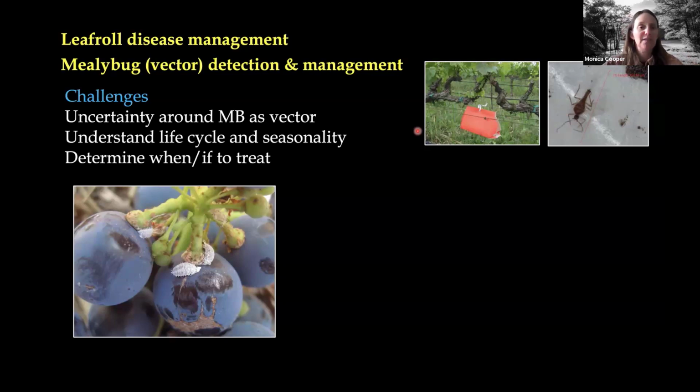Well, people couldn't see nematodes either, but they were still convinced that that was what was moving them around. So we did some work, and mainly the pheromone traps were what was most important in reducing uncertainty. And then, as I said, we need to understand the life cycle, and we also needed to understand the seasonality. Even people who knew that they had mealybugs were really unclear about when they should be treating for them because they didn't understand the life cycle very well.